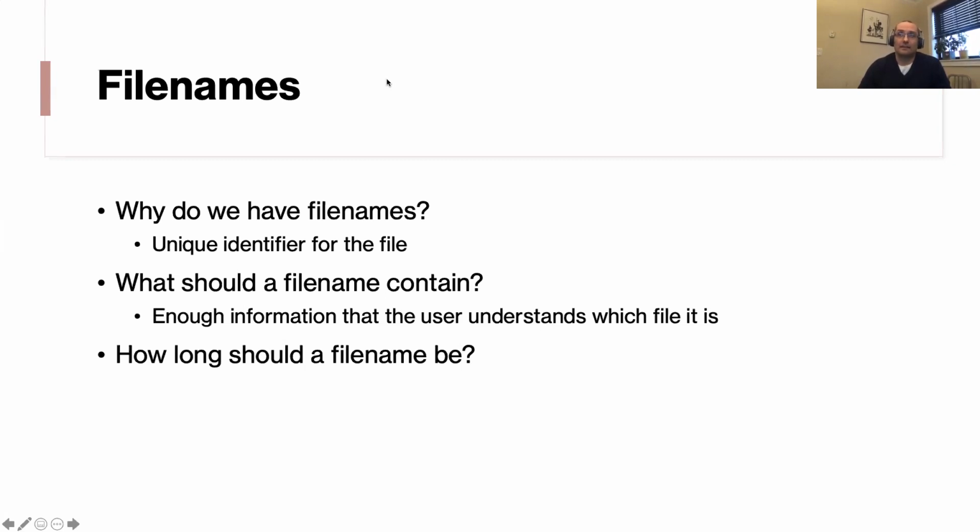These days, I believe up to about 256 characters can be used in most operating systems, and that will include not just the file name, but the path as well. But that's pretty long. So in fact, a good file name at the max should be maybe 25 to 35 characters.